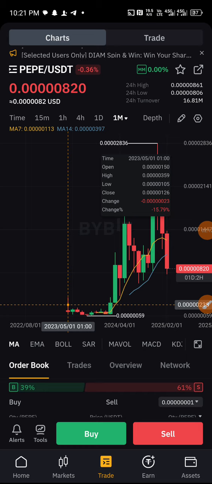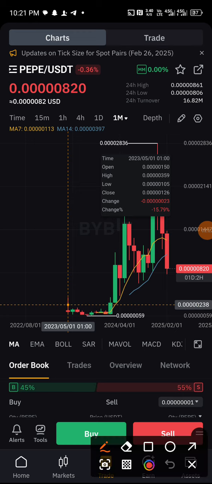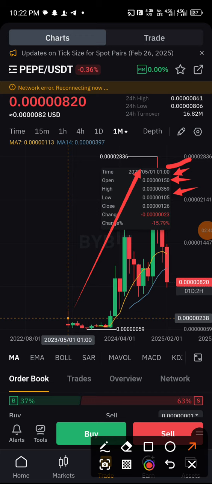It was launched on May 1st, and it opened at a very low price of many zeros, 150, which was here. Its highest was here, its low was this, and it closed at this on that very day. Since then, it has been taking a serious move, which it has taken up towards 0.402836.